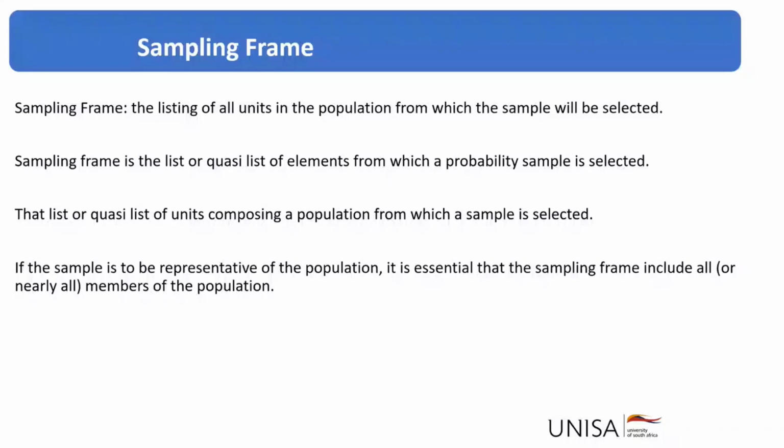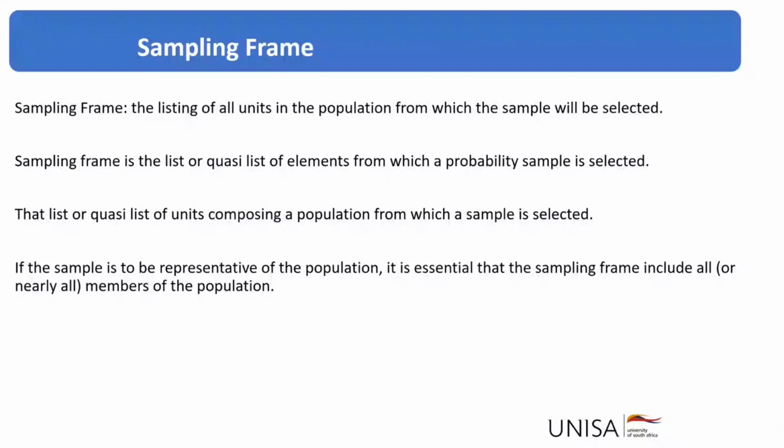So you list all the elements, all the units in the population, so that when you select the sample, you select from all those units.